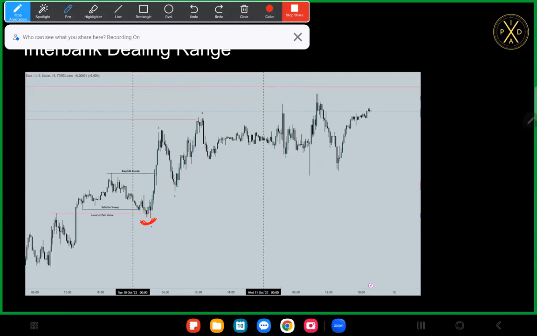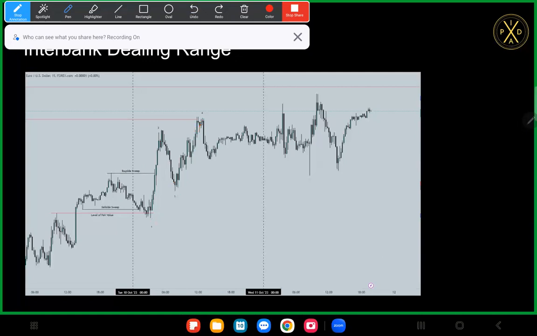There are multiple reasons, but the fact that we have a balanced price range over here, the fact that we've just taken out liquidity, so the next thing that we need to do is rebalance, and then after we rebalance, we should want to continue higher, and also the fact that we have multiple PD arrays within this range make it high probability for us to want to reverse from when we rebalance this area.